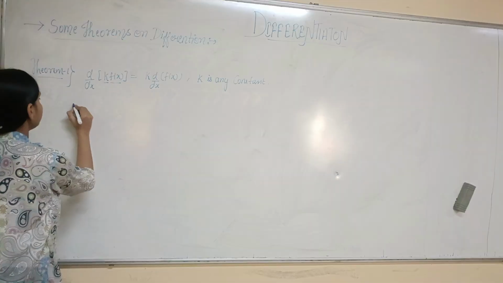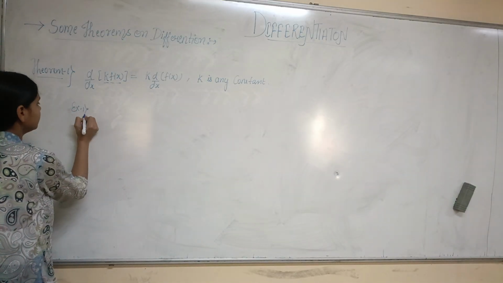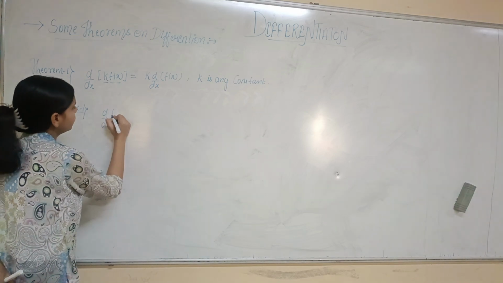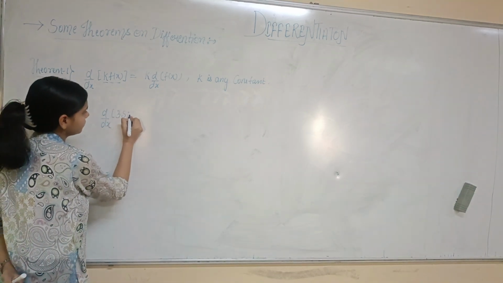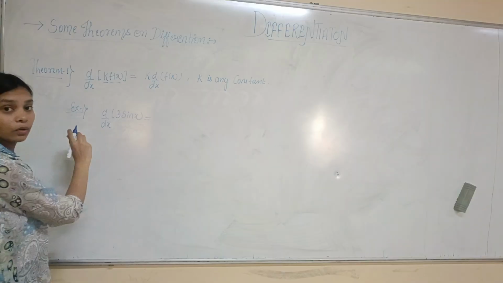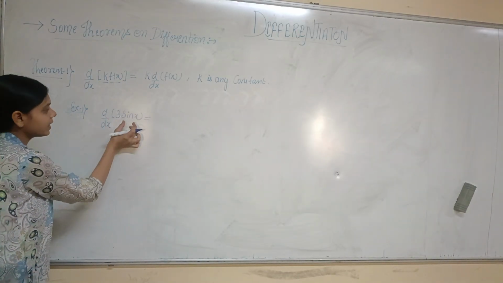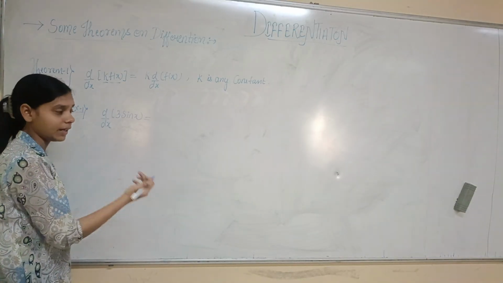Okay, so let us take an example. Example 1: d by dx of 3 sin x. Now compare this with the theorem. 3 is a constant and sin x is a function of x, right?